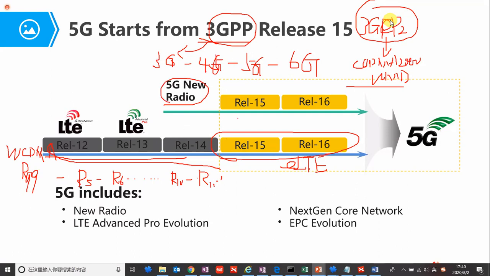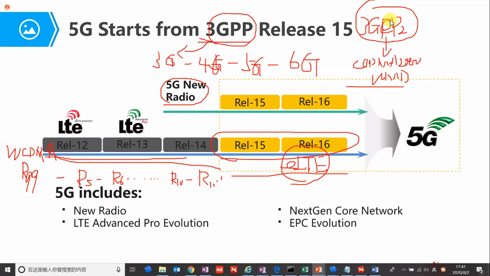And there are two paths. And this path may be just the LTE base station upgrading the software to eLTE. We also call it 5G.